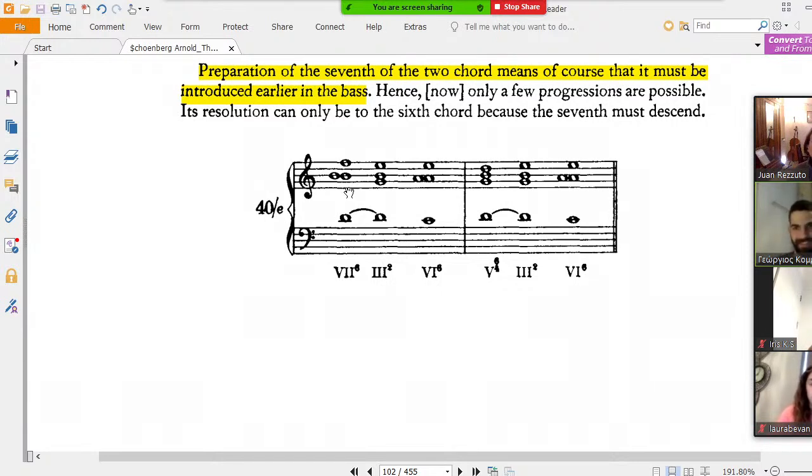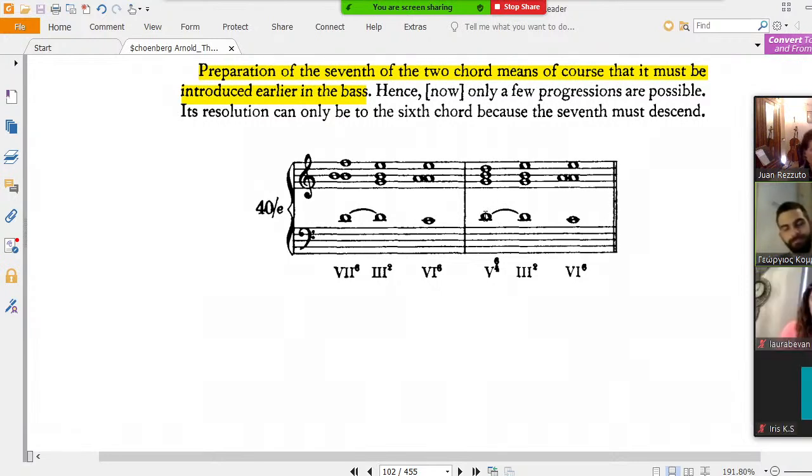Absolutely. But what you need to know is that the preparation has to be a consonance on the previous chord.